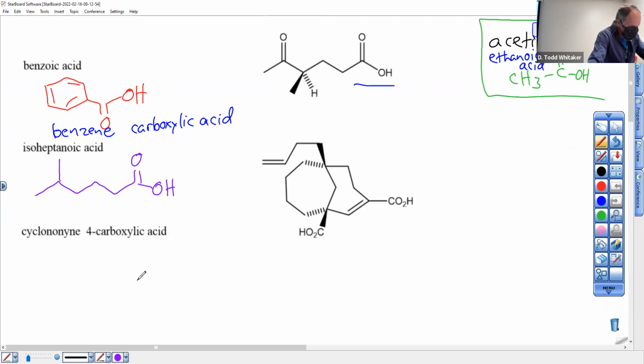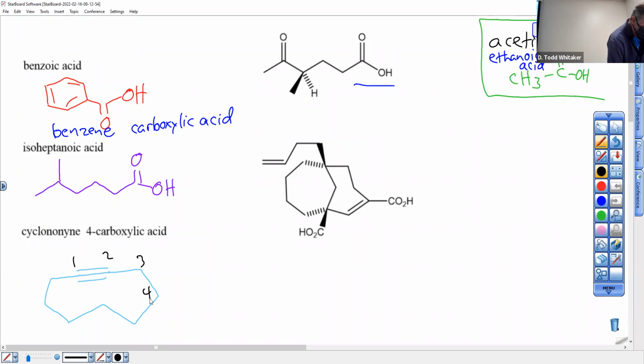This one, you're told you need to draw cyclononyne first. Cyclononyne is a triple bonded ring. That's 2 carbons, 3, 4, 5, 6, 7, 8, 9. And that's cyclononyne. Number it. 1, 2, 3, 4.